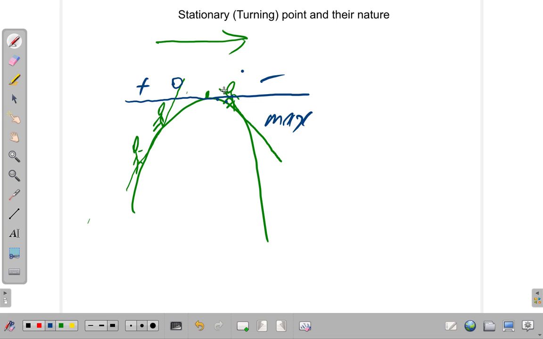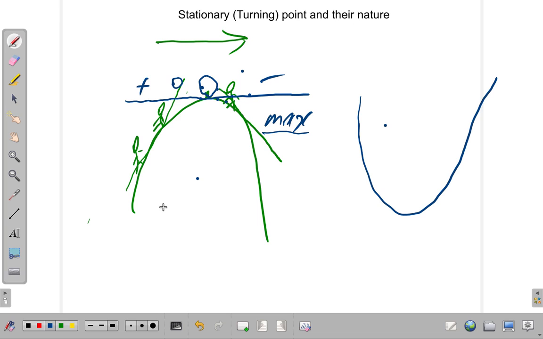But if you put a ball on this tangent, it would stay where it is, stationary. Unless a breeze blows on it or somebody moves it, it will be stationary, right? But the nature of this point is that it's a maximum point.